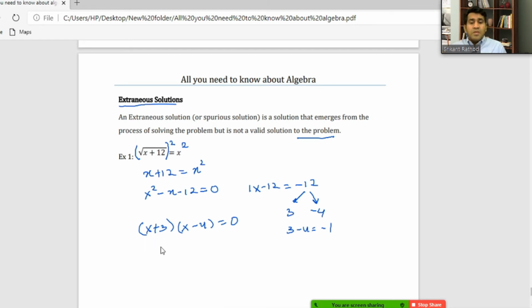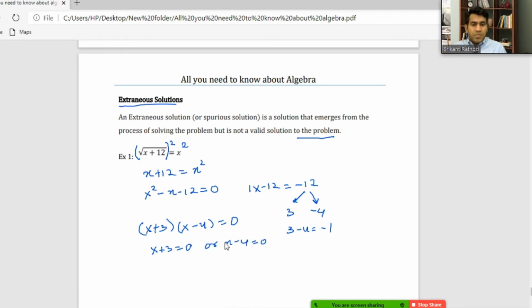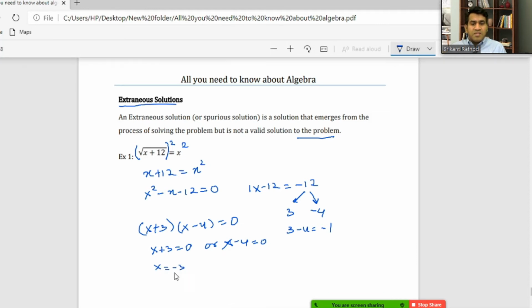Now to make this expression equal to 0, either this term has to be equal to 0 or that one. So x plus 3 equals 0 or x minus 4 equals 0. From this I get the value of x equals minus 3, and the other value of x is 4.